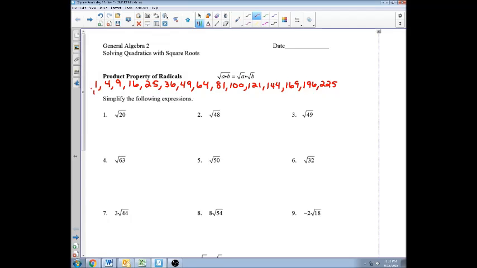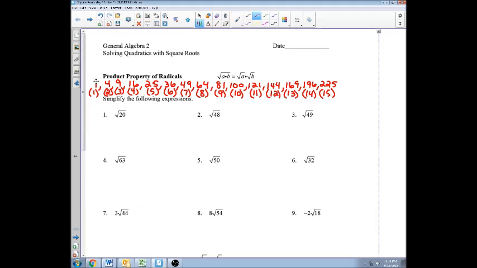Now, what you need to know is what the square root of each one of those numbers is. The square root of 1 is 1, the square root of 4 is 2, the square root of 9 is 3, of 16 is 4, 25 is 5, 36 is 6, 49 is 7, 64 is 8, 81 is 9, 100 is 10, 121 is 11, 144 is 12, 169 is 13, 196 is 14, and 225 is 15.